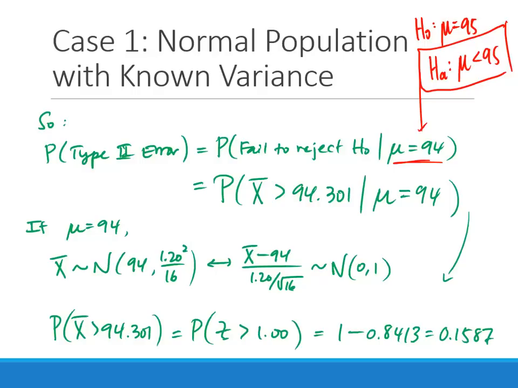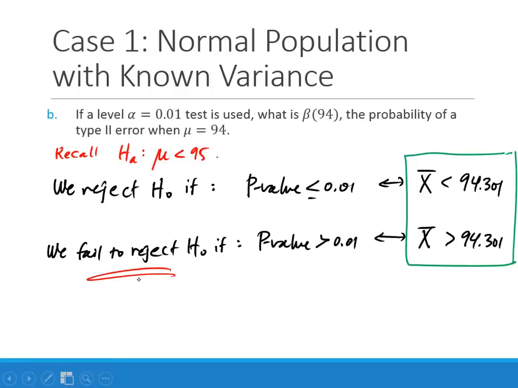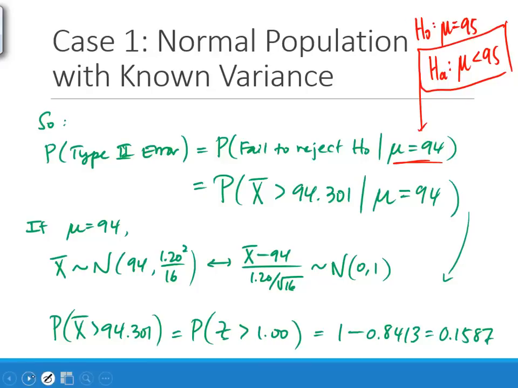Okay. So going back to what I had on that previous page, I fail to reject the null hypothesis when I'm down here in this case, when the sample mean x bar is bigger than 94.301. That's when I fail to reject the null hypothesis, and I can find the probability of that for a particular value of mu.